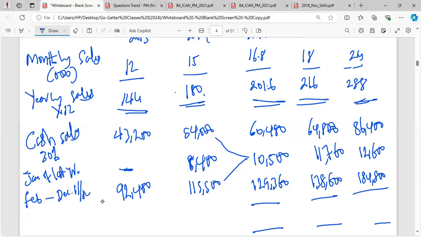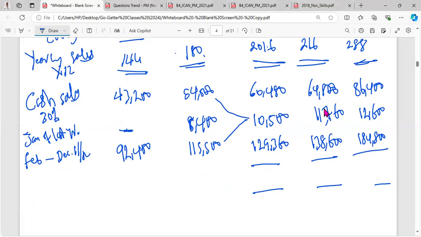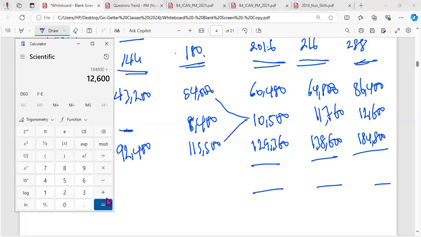So we are interested in just these 3 years. So let's calculate. We already have 184,800 here. So let's just add 12,600 and let's add 86,400. That gives us 283,800.